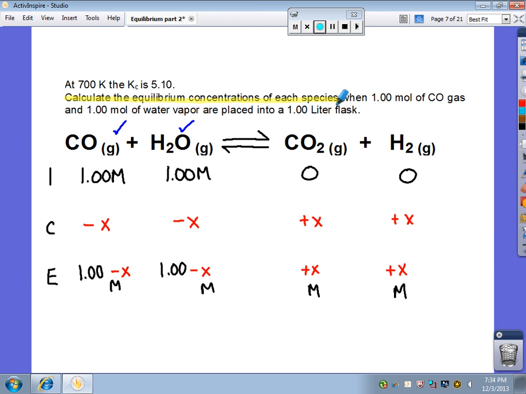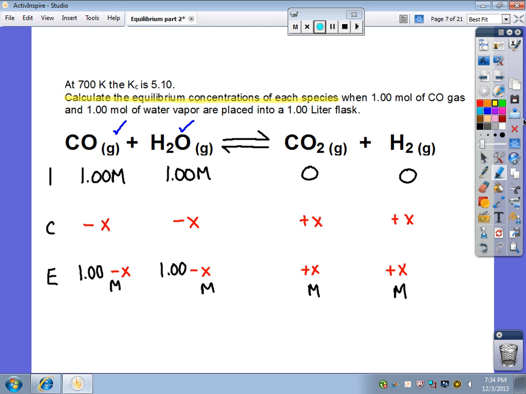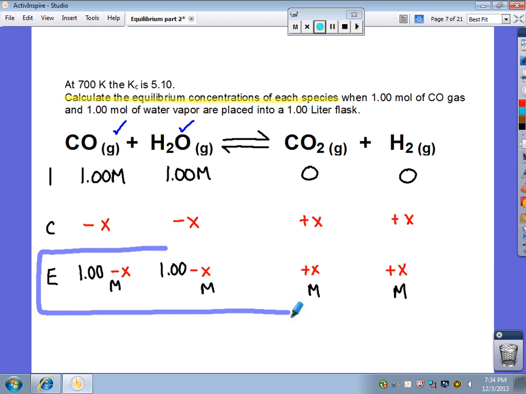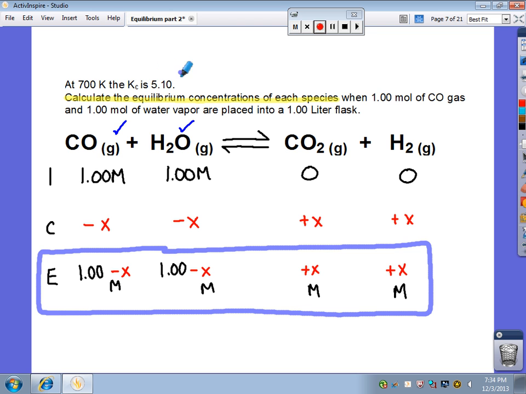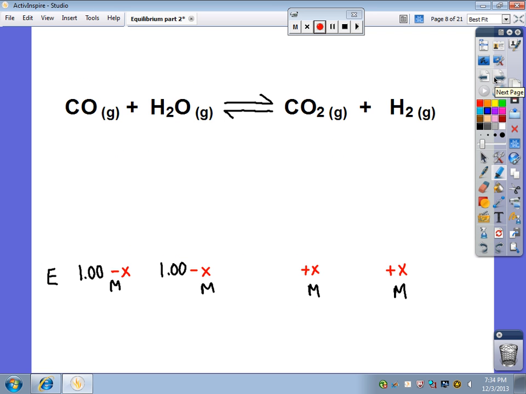Well, do we have that? I think we do. If you look, these are the equilibrium concentrations, but I have a problem. Their values are in terms of x, and I have no idea what x is. But we do have a Kc value, don't we? We know that. And we know how to write an equilibrium expression. So let's go ahead and do that.